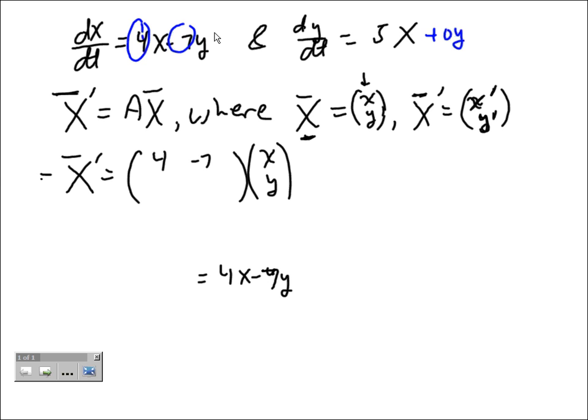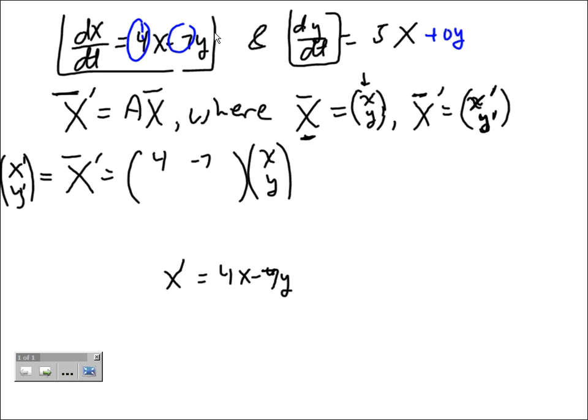And that's supposed to equal x prime, or dx/dt. The other equation says that y prime is 5x plus 0y. If you multiply this second row by that column, you get 5x plus 0y, or 5x. And the second row equals y prime. So this is working nicely.